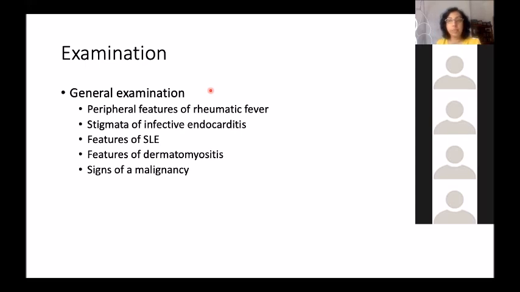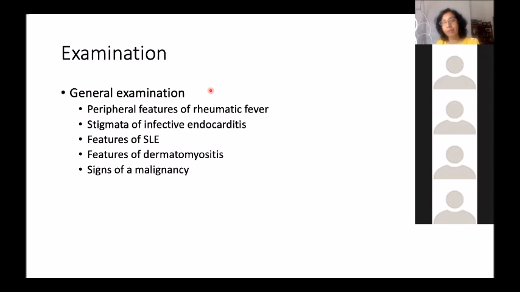And then features of dermatomyositis. Right? So dermatomyositis can present at any age, can present in adolescence. They also present with polyarthritis, but apart from that, they have many other manifestations. Like they have a typical skin rash, which affects the knuckles and extensor aspects of joints.